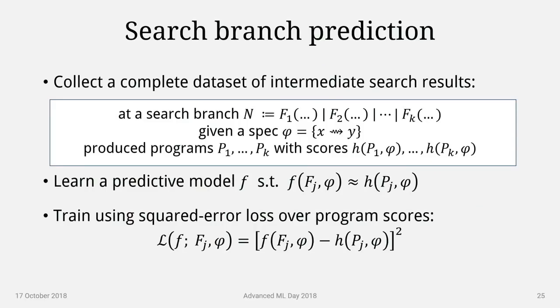OK. Now, how does it actually look technically? What you want to do is the following. So you want to first create a complete data set of intermediate search results. Run your program synthesis without any neural networks or without any guidance. Let it explore all the exponential space.